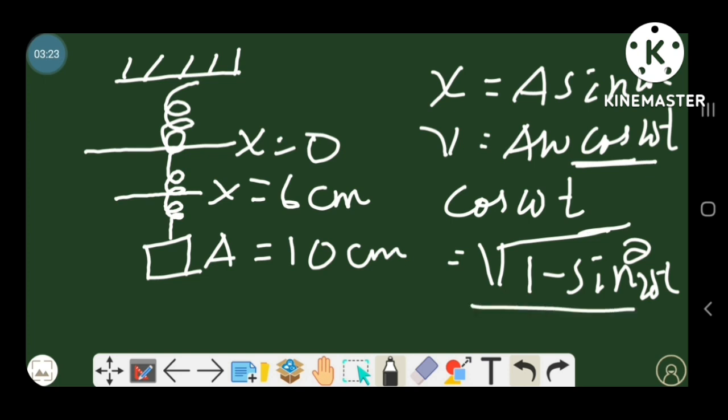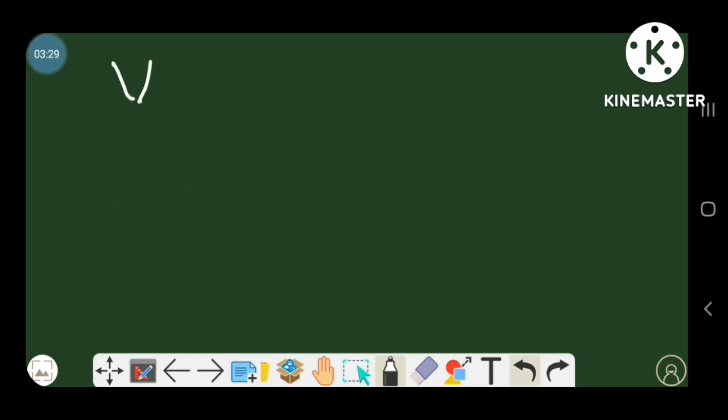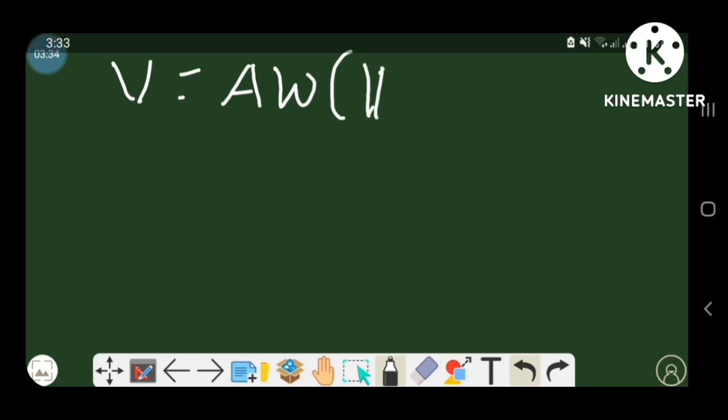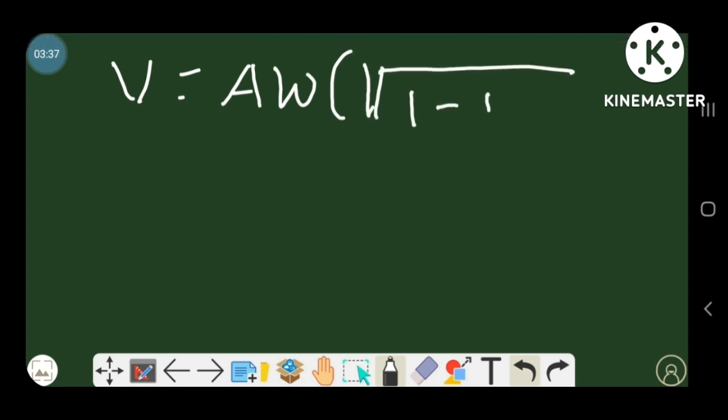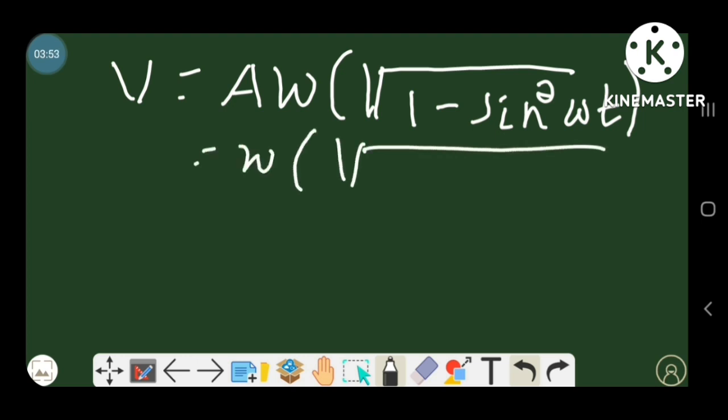When we substitute this into this value, we have v equals a omega times the square root of 1 minus sine square omega t. If we insert the amplitude into the square root, we have omega times the square root of a square minus a square sine square omega t.